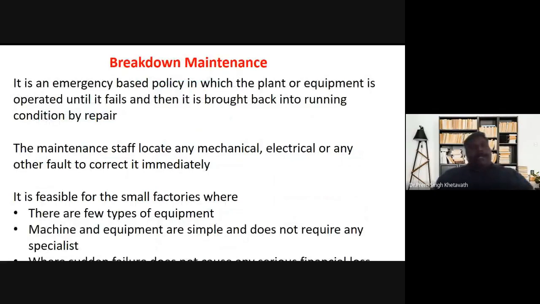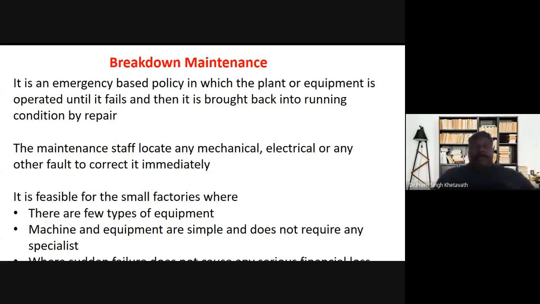Breakdown maintenance is an emergency based policy in which the plant or the equipment is operated until it fails, and then it is brought back into the running condition by repair. So after breakdown, we are going to repair it and make it normal again. The maintenance staff locate any mechanical, electrical, or other fault to correct it immediately.